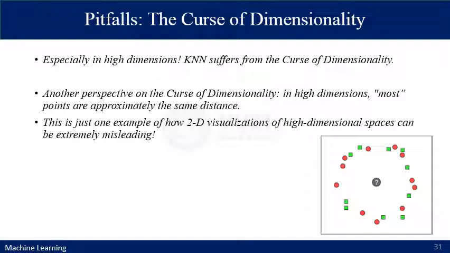This is one example of how two-dimensional visualization of high-dimensional spaces can be extremely misleading, because in high dimensions the examples may be spread across different dimensions, but if you transform those examples into a low dimension, it may look like the examples are quite similar or close to each other. Therefore, KNN is not suited for examples which have very high dimensionality.